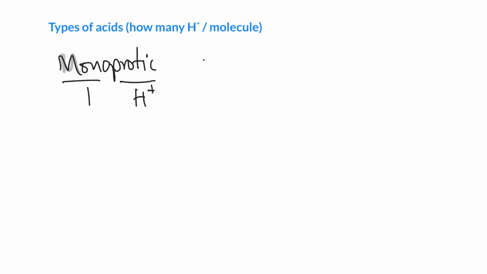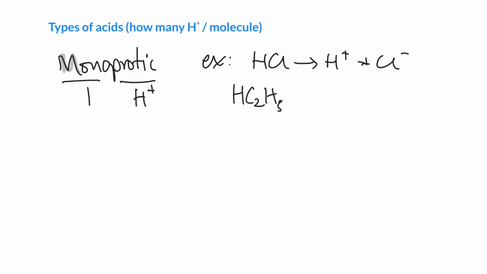And so a monoprotic acid is one that has 1 proton per molecule, so HCl has only got 1 hydrogen total, so of course it has to be monoprotic, but acetic acid, my favorite acid, is also classified as monoprotic because although it's a weak acid, in theory it can break down and make up to 1 hydrogen per molecule.